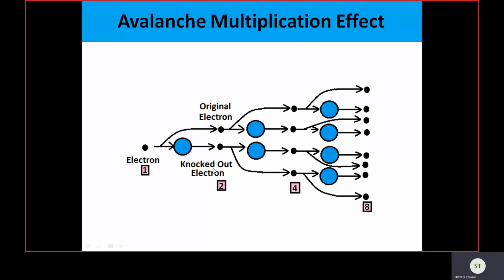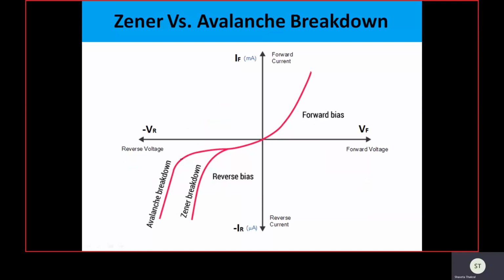In this way a chain process is established: 1 becomes 2, 2 becomes 4, and 4 becomes 8. Because of this chain process a flood of charge carriers is generated, and that causes breakdown of the junction, called the avalanche multiplication effect.